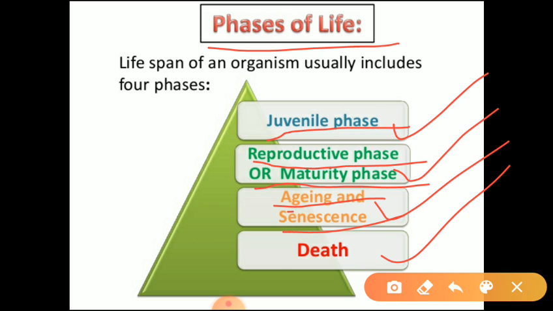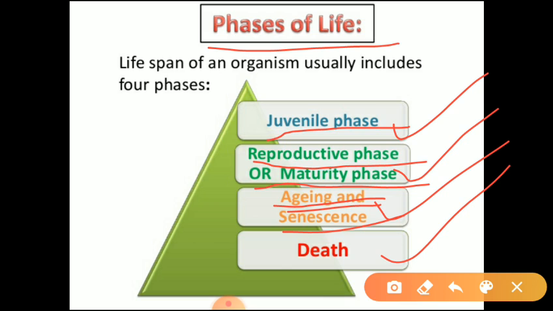Next we can discuss what is aging. Aging refers to destructive changes that occur in all organisms without any reference to death. That means during aging, a lot of destructive changes take place in a living organism that are not regarding death symptoms.